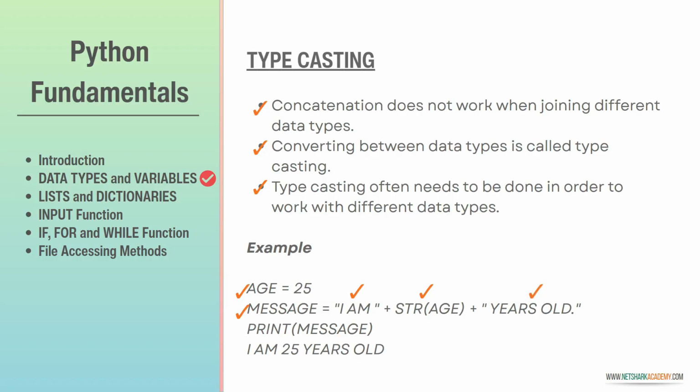Plus "years old", which is a string as it is already enclosed in double inverted commas. So all three are now strings. The result is successfully concatenated into "I am 25 years old". Typecasting allows us to mix and match data types safely in our programs, making them more flexible and error-free.